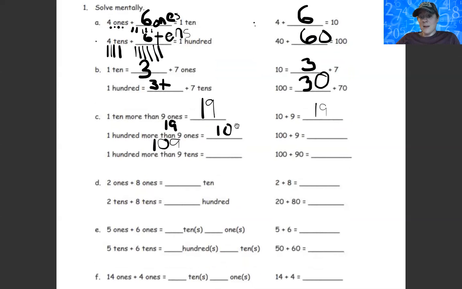Very good. Okay, that's the same thing as saying, guys, 100 plus 9 equals 109. Okay, if this were a word problem and we were writing it out, it would be 100 plus 9, and then we would write that out and solve it.